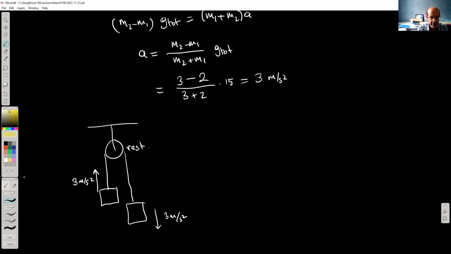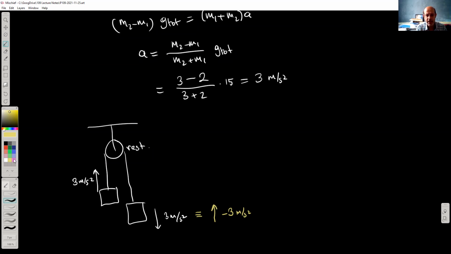I'm just going to remind you that going down with an acceleration of 3 meters per second squared is the same thing as accelerating upward with an acceleration of -3 meters per second squared. These two are the same, okay? Just keep this in mind.